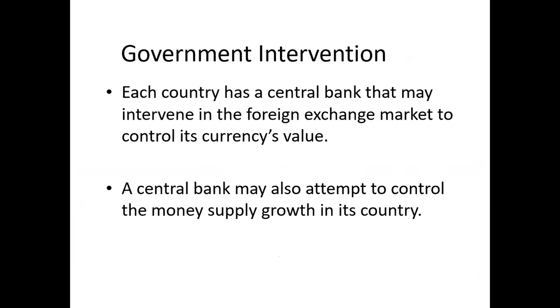Now, what we've said so far is that with the dirty floating system, the exchange rate is allowed to move freely, but sometimes government will intervene when it's necessary. How can government intervene in the exchange rate market? Government may do a direct intervention, or government may do an indirect intervention by influencing the factors that affect exchange rates.